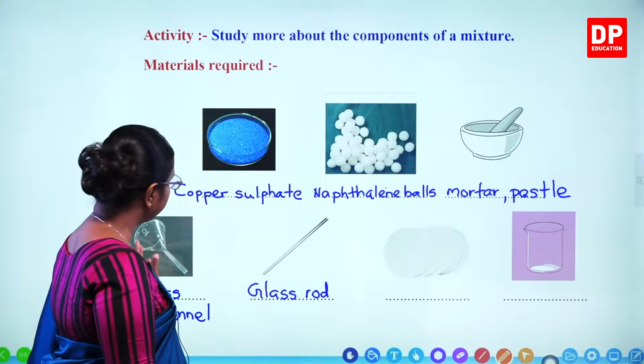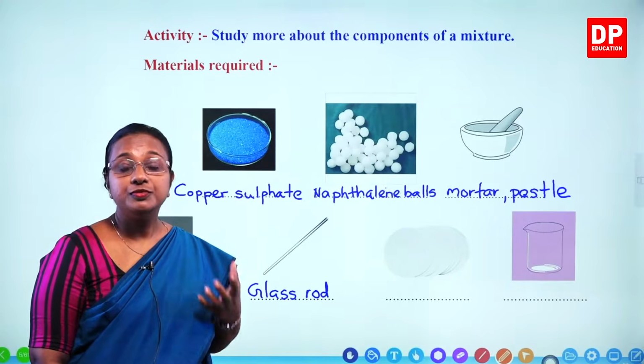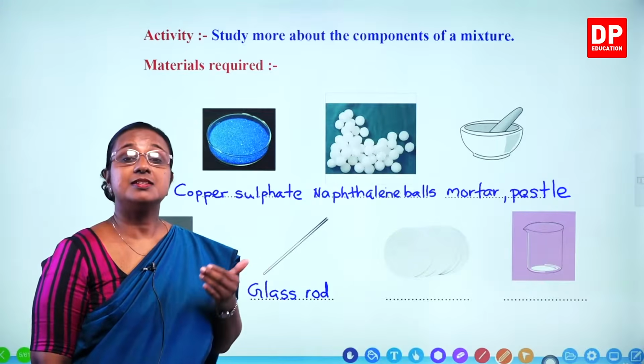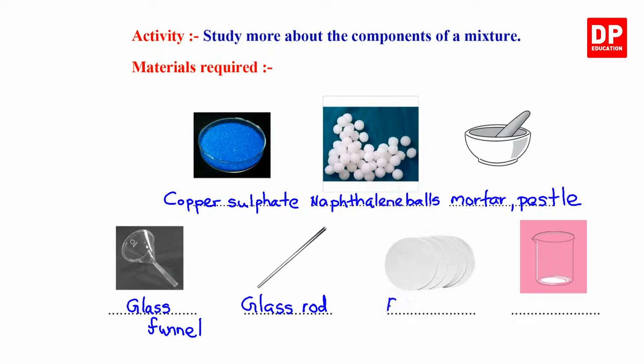We use a funnel having a filter paper to filter substances from a solution. So, here we need filter paper. And also we need a beaker and we need water.